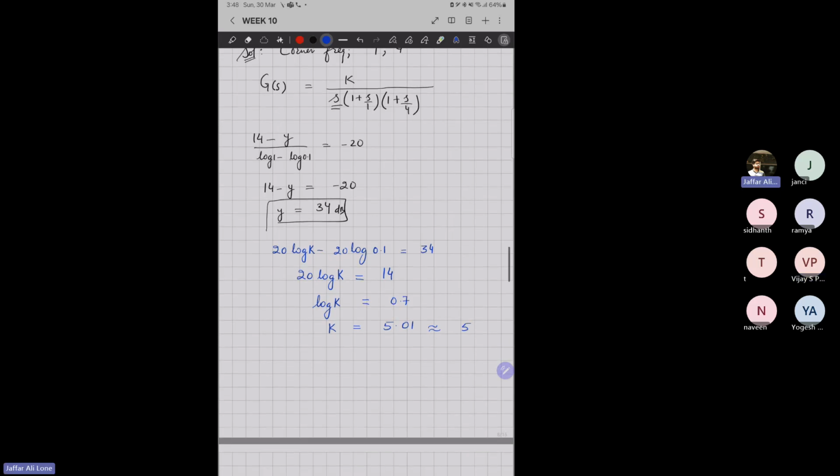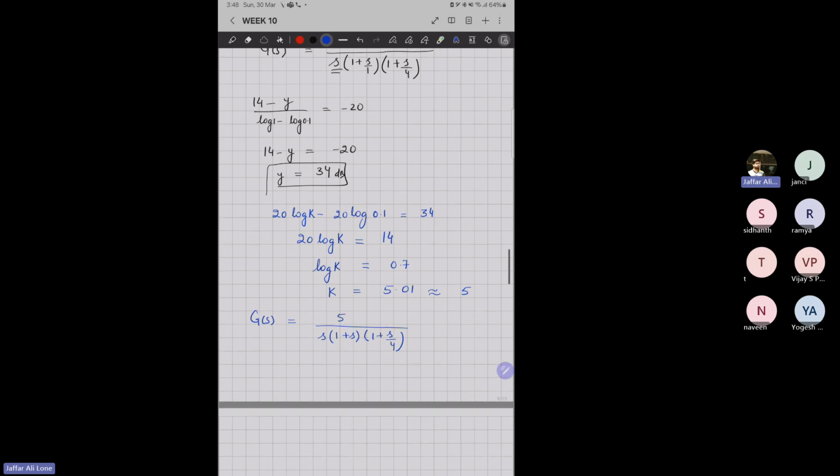Then you can write the transfer function as G of s is equal to 5 divided by s into (1 plus s) into (1 plus s by 4). Or if you convert it into standard form, you just have to take this 4 out. So this 4 will go up, it will be multiplied with 5.